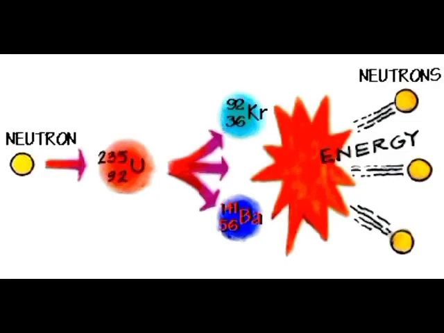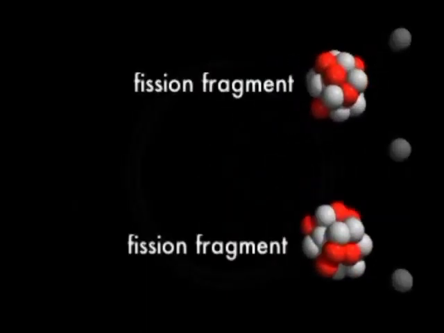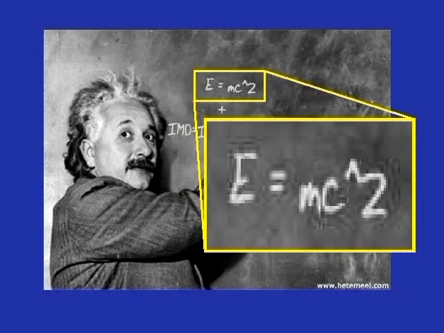Fission's when you split apart an atom of great size. Hit it hard and get a bunch of smaller nuclei. Fusion's what you get when 2 small nuclei combine. Both give off lots of energy, according to Einstein.